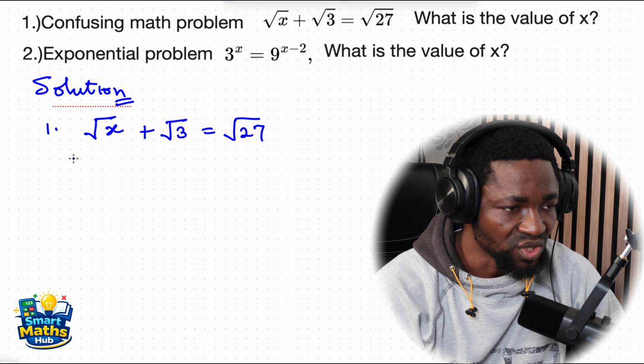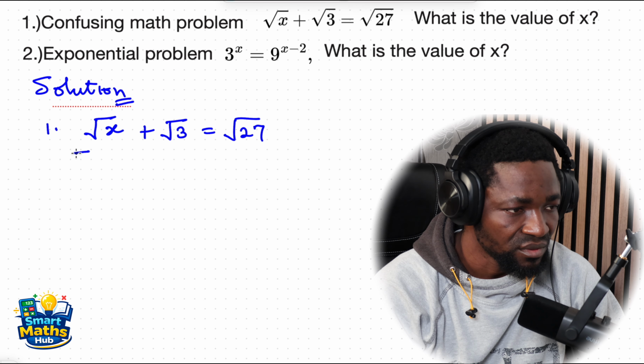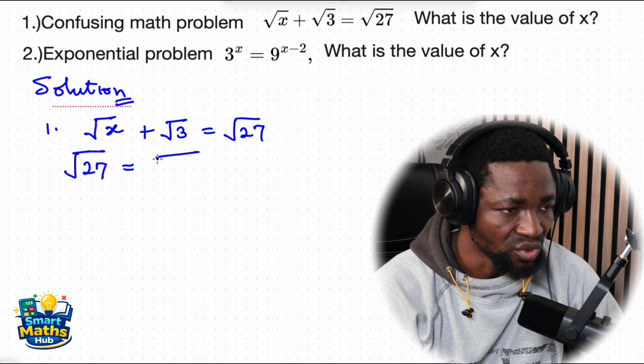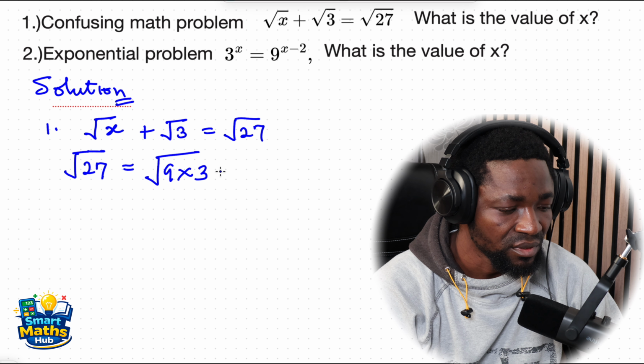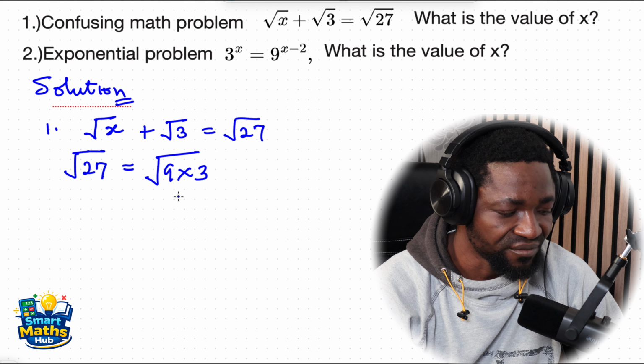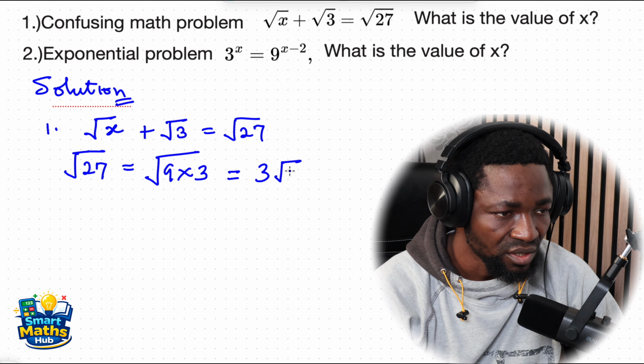The surd we are going to simplify here is 27. When you simplify 27, you have 9 multiplied by 3, which gives you 3 root 3.